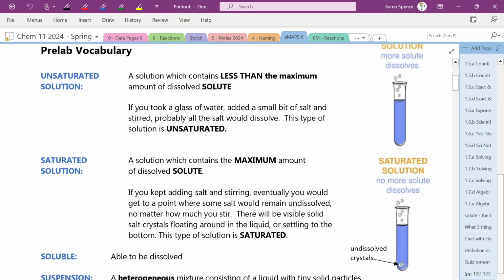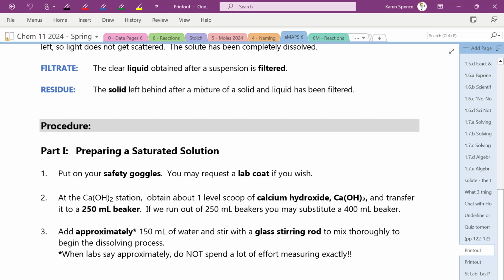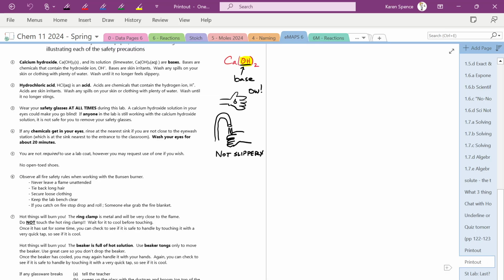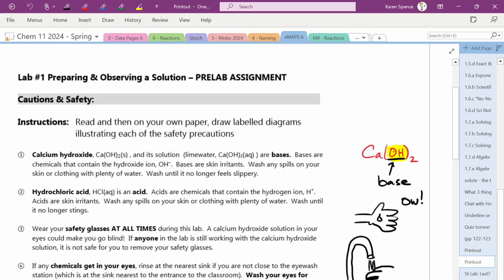Okay. Let's see what else we got here. Pre-lab vocabulary. And let's see what else we have here. Pre-lab assignment. You're also going to do the pre-lab assignment.